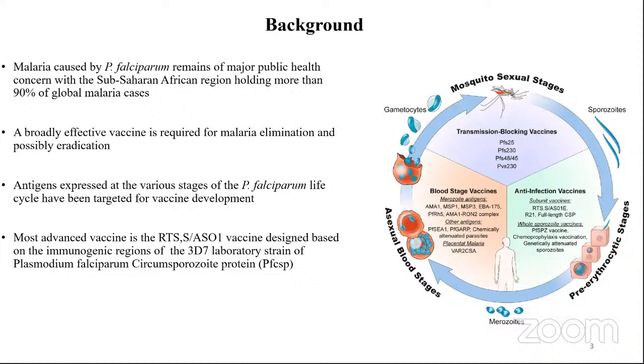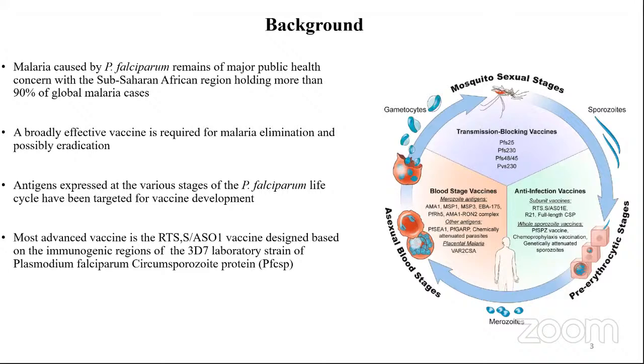However, the most advanced currently is the RTS,S/AS01 vaccine, which has been designed based on the Plasmodium falciparum circumsporozoite protein. This protein is expressed on the surface of sporozoites, and it inhibits sporozoite motility and invasion of hepatocytes.